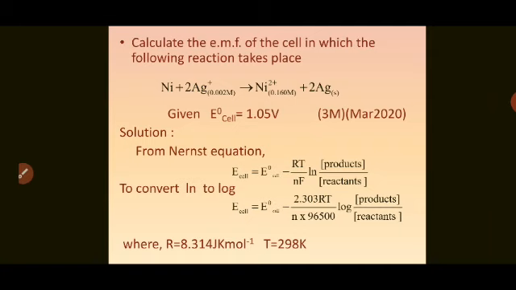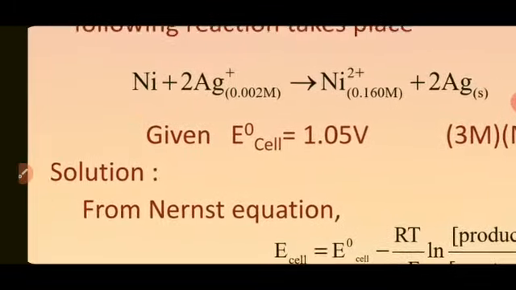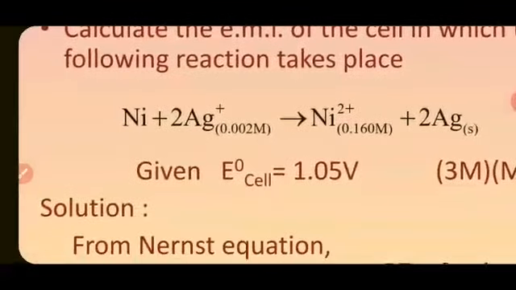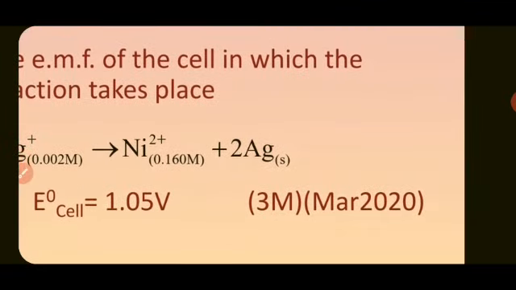Next, another type of problem: calculate the EMF of the cell in which the following reaction takes place. So here the reaction is given, that is Ni plus 2Ag plus. Now if you see here, some concentration values are given, that is 0.002 molar of Ag plus, then Ni2 plus is 0.160 molar, and 2 Ag.